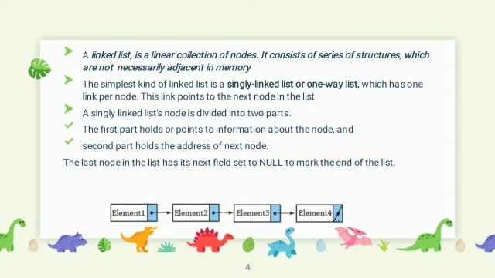Now let's see what a singly linked list is. A singly linked list is a one-way list which has only one link per node. This one link is used to point to the next node of the list, that is, it stores the address of the next node. In a singly linked list, the next pointer of the last node points to the null value. That means it is the end of the list.